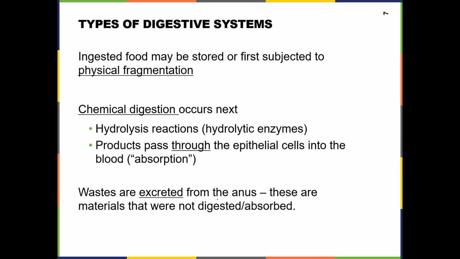Now, any food that's not absorbed continues through the alimentary canal, which is the tube that goes from the mouth to the anus. And anything that cannot be chemically digested or absorbed goes all the way through the alimentary canal and comes out the anus. So those are truly wastes, things that the animal cannot utilize.